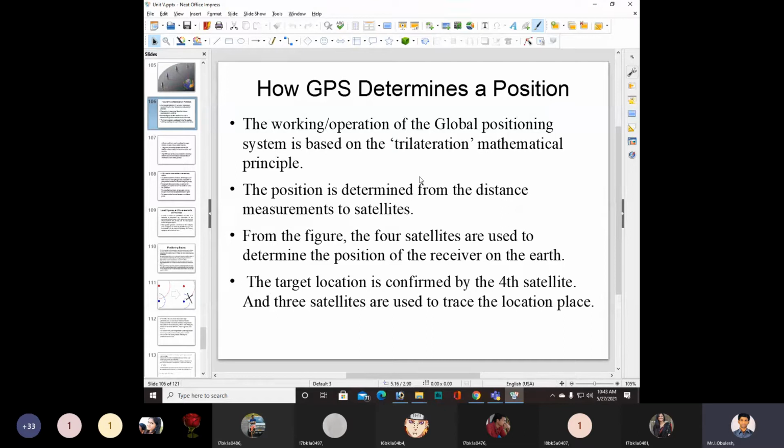So in that figure, you need to see that we have four satellites. The four satellites are used to determine the position of the receiver on Earth. By using those four satellites only, you will be able to determine the position of the receiver on Earth.